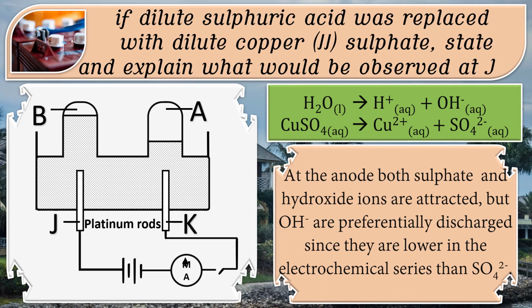When they come to the anode, it is only the hydroxides that are going to be discharged because they are below the sulfate in the electrochemical series.